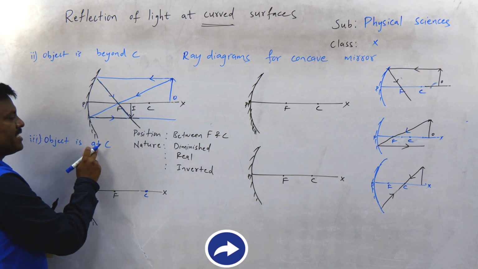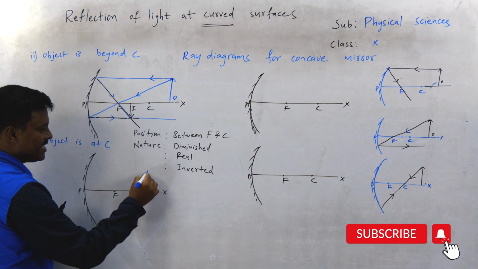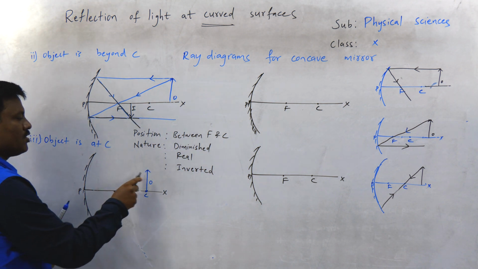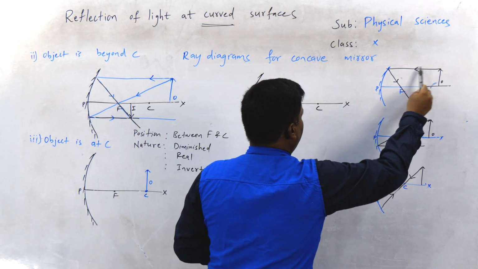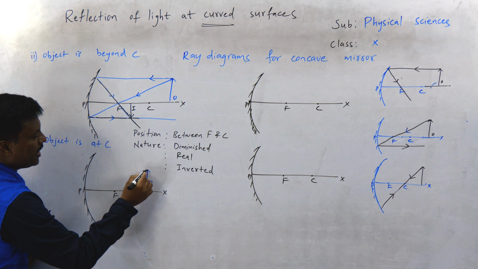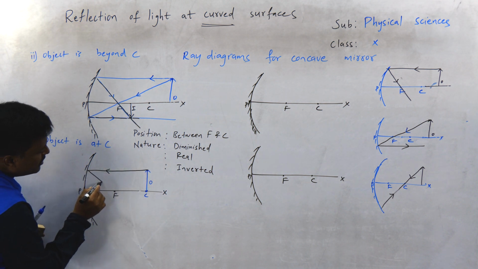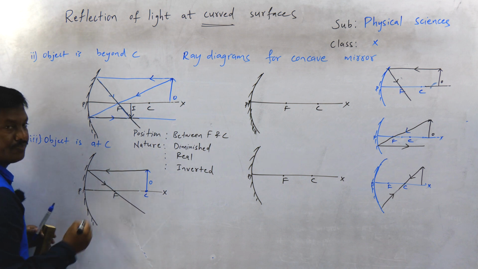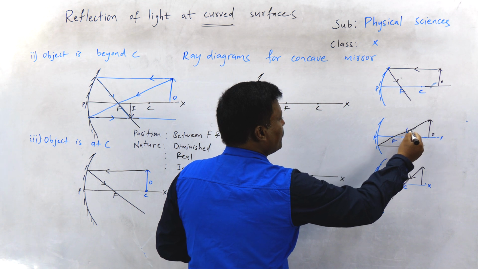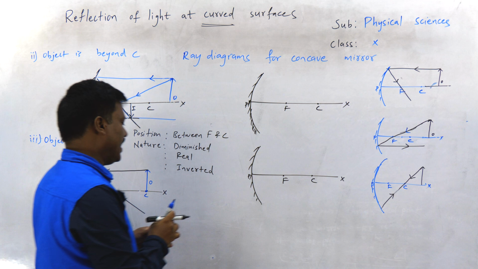Here object is placed at the center of the curvature. Now I am going to keep the object at C. This is the object placed at C. Okay, what is our rule number 1 to draw the ray diagram? A ray passes parallel to the principal axis, after reflection passes through focus. Second rule, any ray which is coming from the tip of the object and passes through focus, after reflection passes parallel to the principal axis.